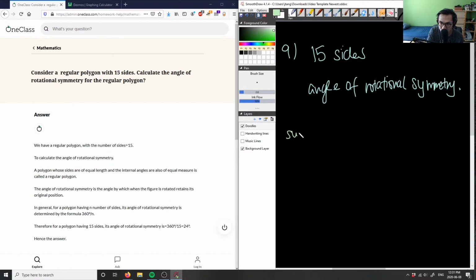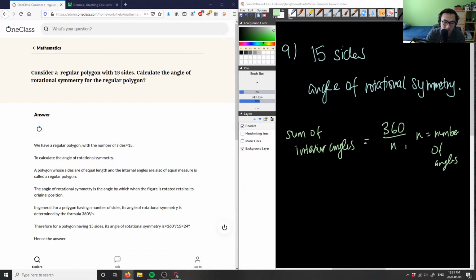So sum of interior angles is simply 360 over n, where n is my number of angles. So that's kind of our formula for the sum of interior angles in a polygon.